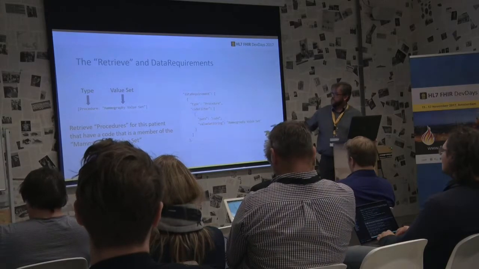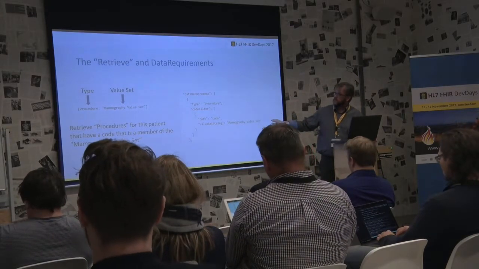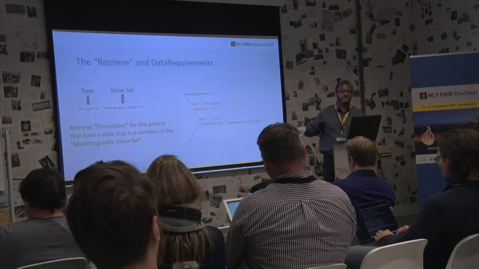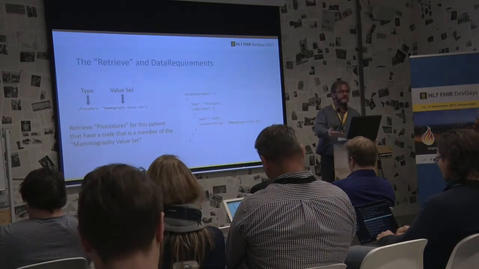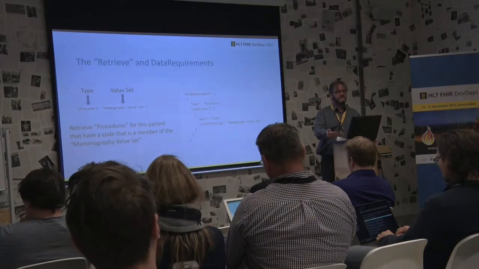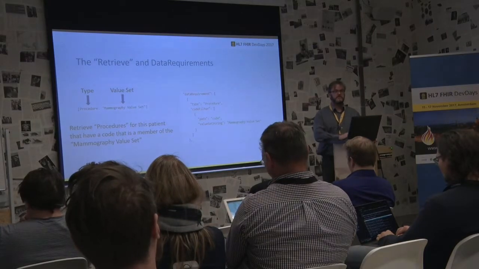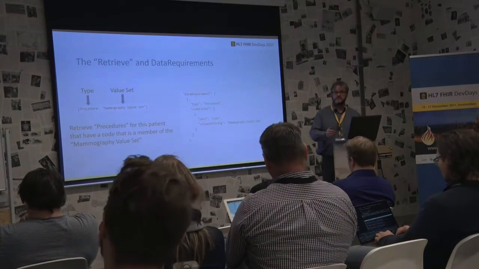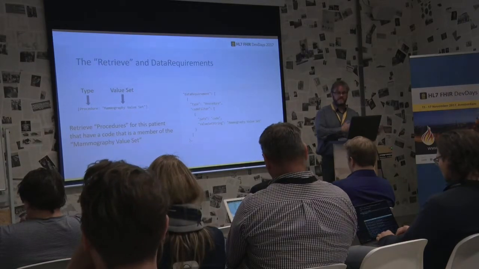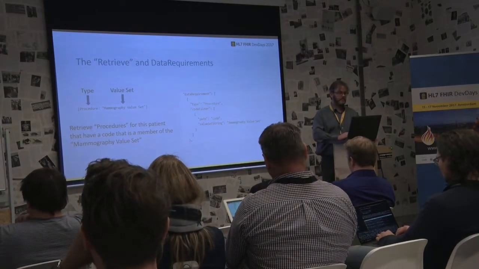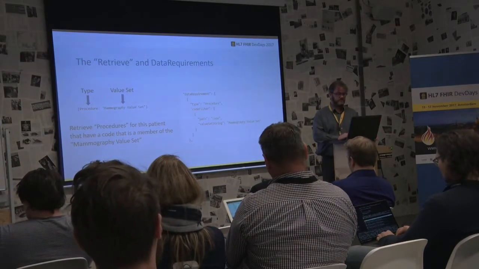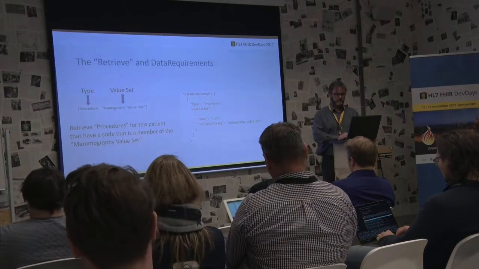So this tells me from the data requirement perspective, I can just look at this structural information and determine what data I need to be able to provide to this measure in order to get a successful evaluation. So this is useful for implementations to be able to figure out what data they need to provide without having to run the full measure to figure that part out.